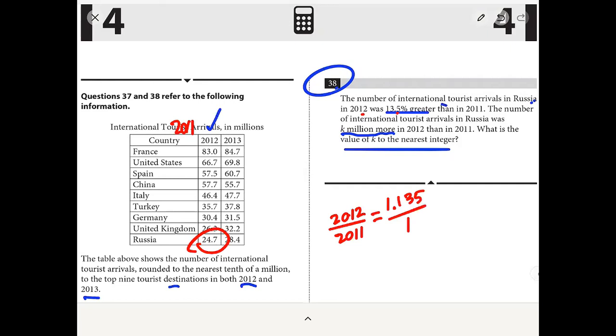So let's just fill in what we need, what we know. So we know in 2012 there was 24.7 million. We're trying to find how many were in 2011, but we know this is true right here.